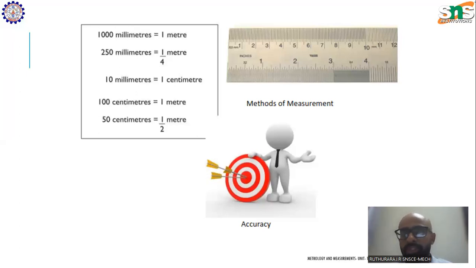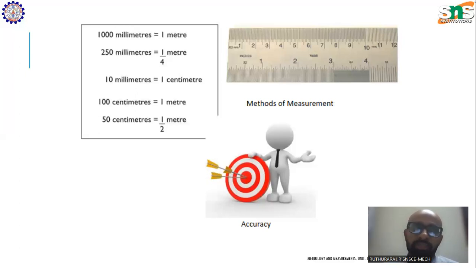Coming back to the term accuracy, it is a very important term in metrology. Accuracy is how closely you are to the actual measurement. For example, take the example of that 1 meter cloth itself. You are measuring the same length using different measuring instruments. You will have a measuring tape, a scale, and a 1 meter thread.